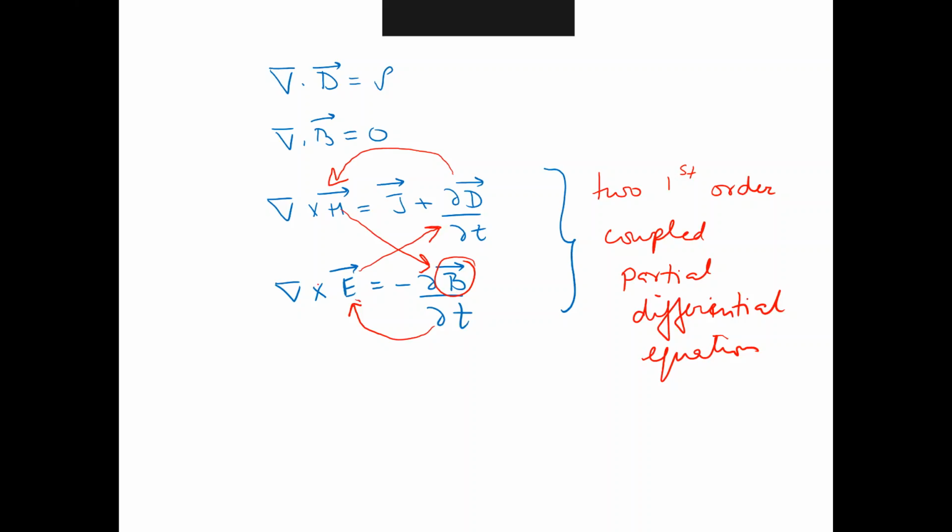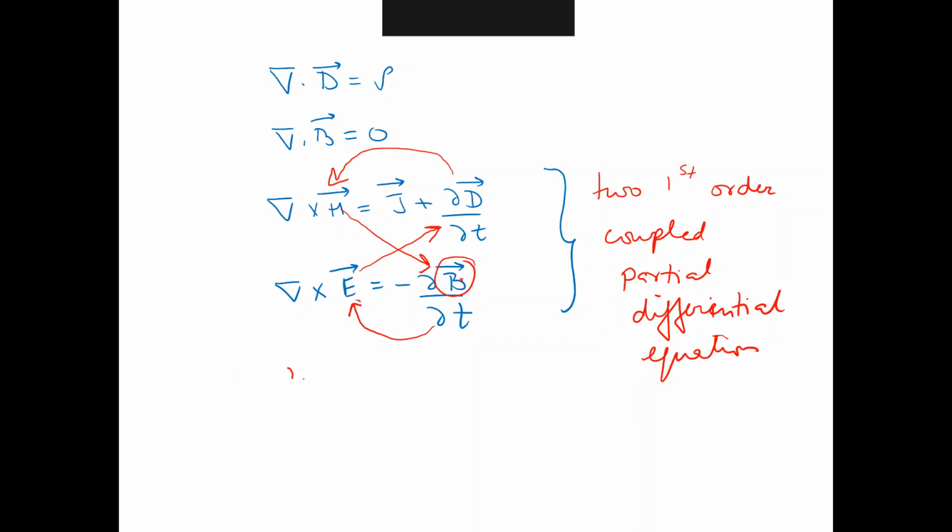Del cross is a spatial variation. It creates an electric field in space which probably is varying with time, which creates a magnetic field in space which gets coupled back in there too. So there's an oscillator in time here and an oscillator in space.